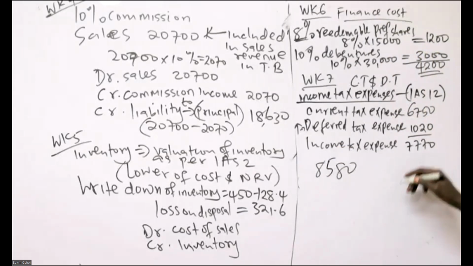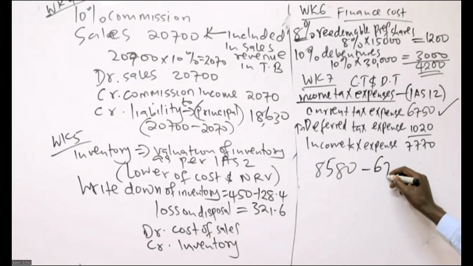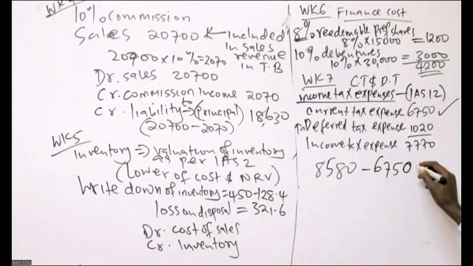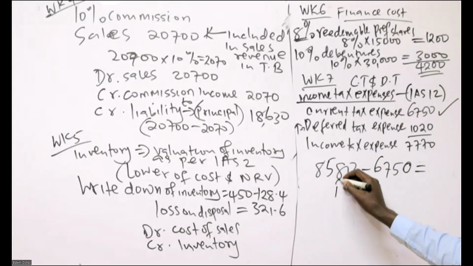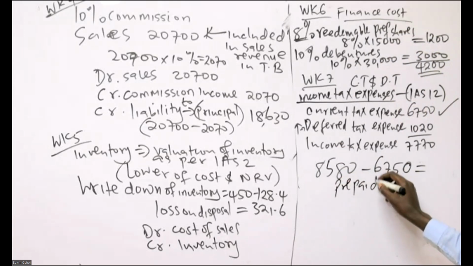And here we can see we have a current tax of 6750, meaning that they made a prepayment, so these are prepaid tax. So the prepaid current tax is the difference, give me the answer, guys.